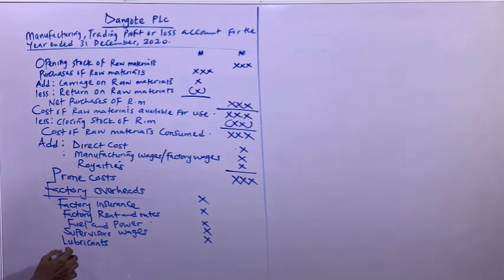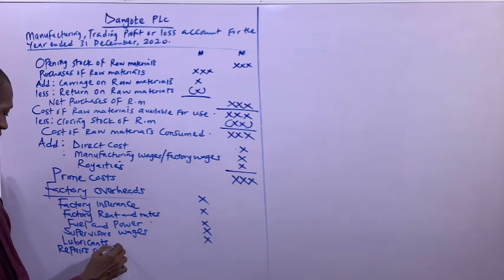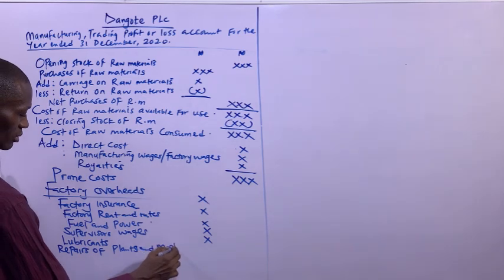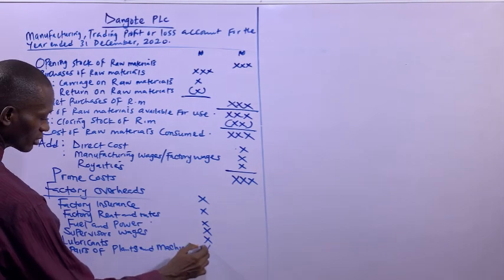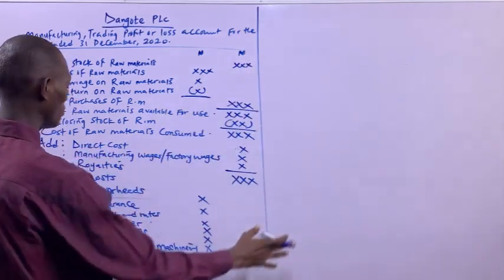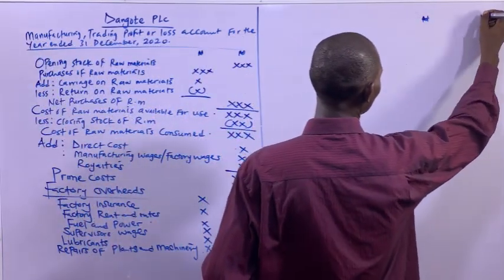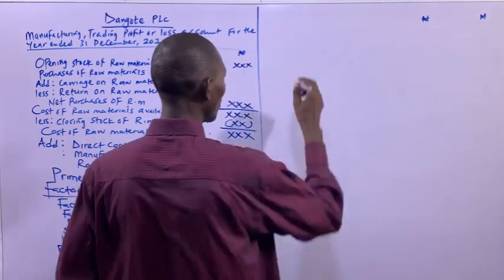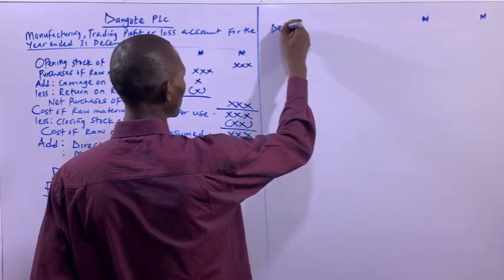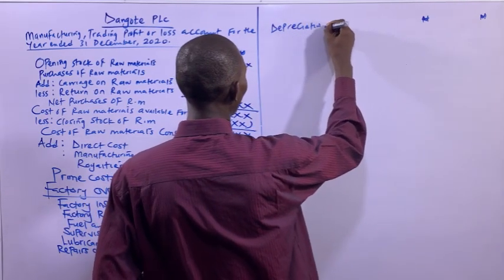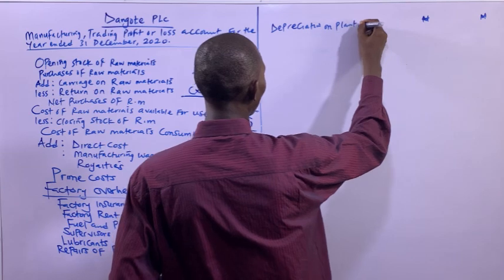You could have repairs of plant and machinery. Let me continue from here. We could also have depreciation. That's still under factory overhead. So we could have depreciation on plant and machinery.